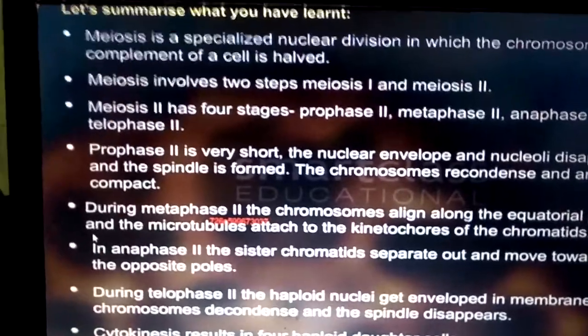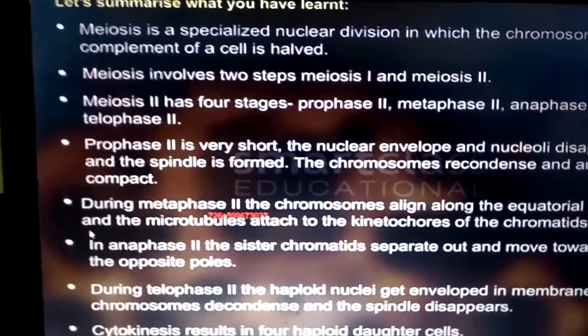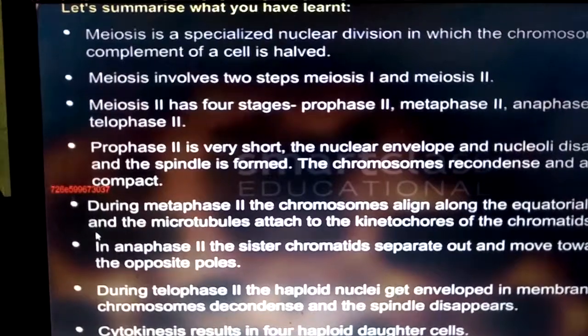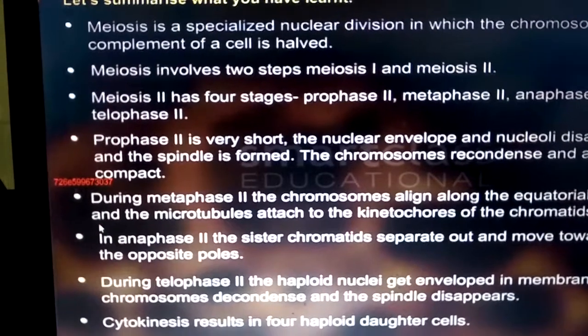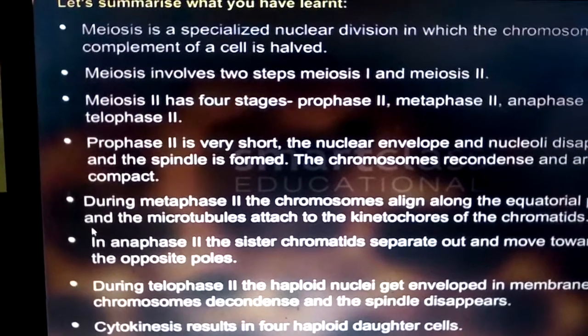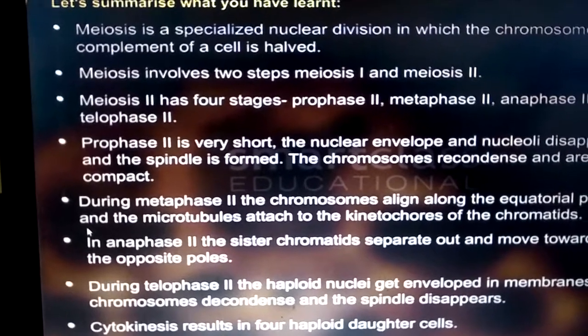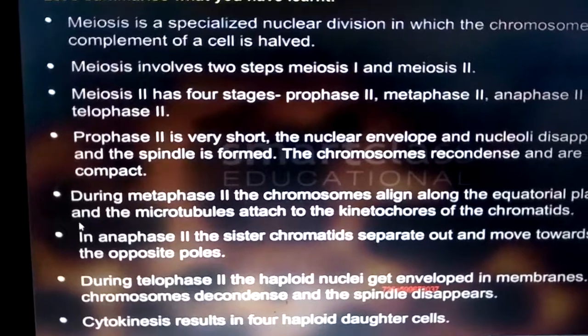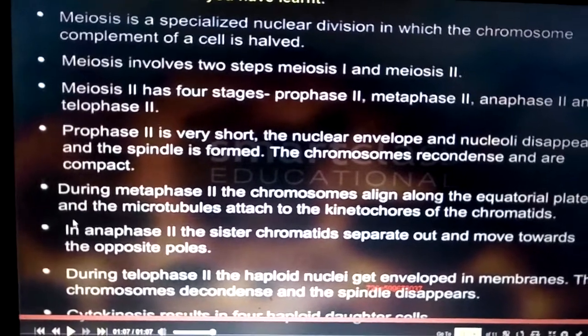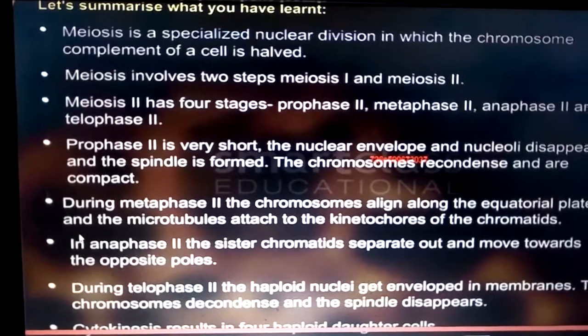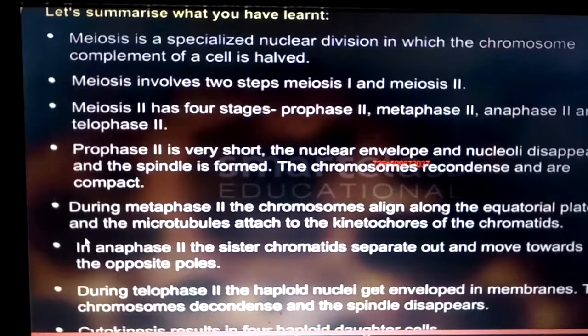Dear students, I hope you got the video. In this meiotic cell division, the stages are not required, only the significance of meiotic cell division is required. Notice those 2 points and learn them. What are the 2 significances of meiotic cell division? First one is it reduces the number of chromosomes into half.